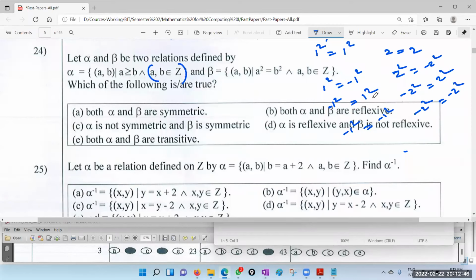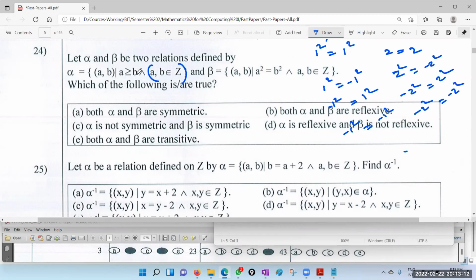So we take numbers like 1, 1, 2, 2, 3, 3, or 1 and minus 1, minus 1 and 1, or minus 1 and minus 1. There are infinite possibilities here. Then it says a must be greater than or equal to b.